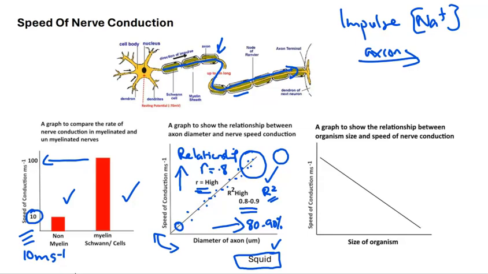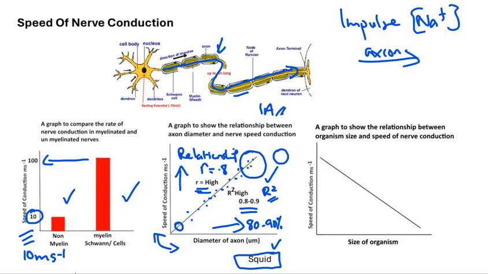In other words, 80 to 90% of the data fits this trend line. And these two types of relationship evaluation, the correlation coefficient and the coefficient of determination, may well be used in your internal assessment and the statistical analysis of data.